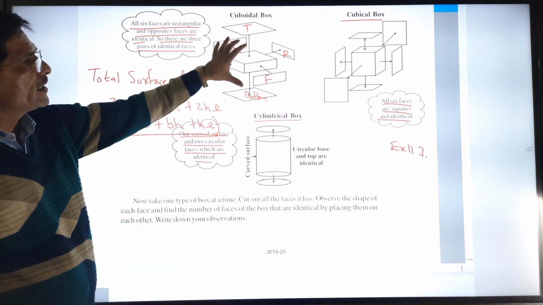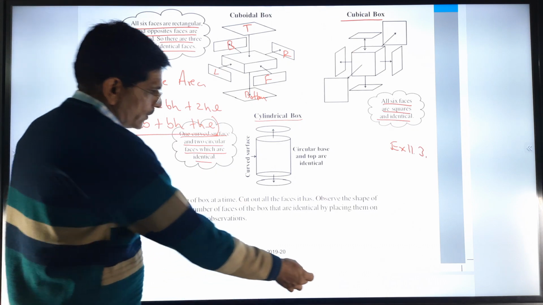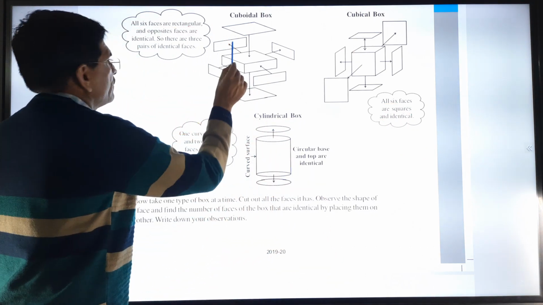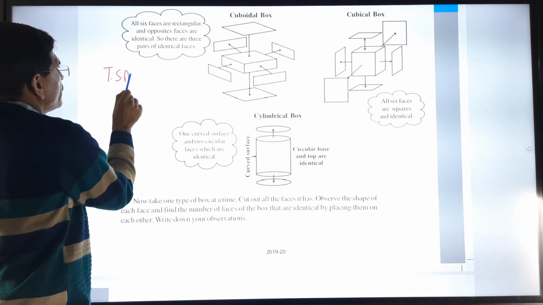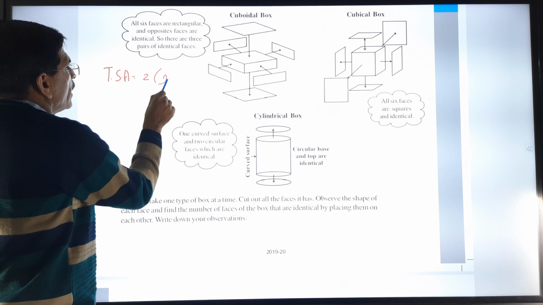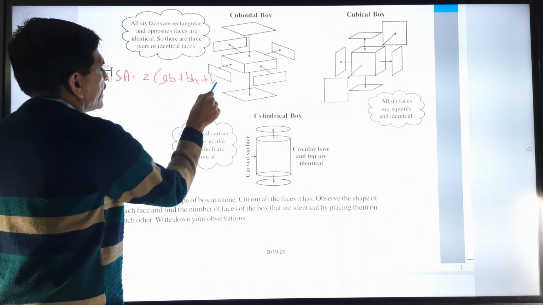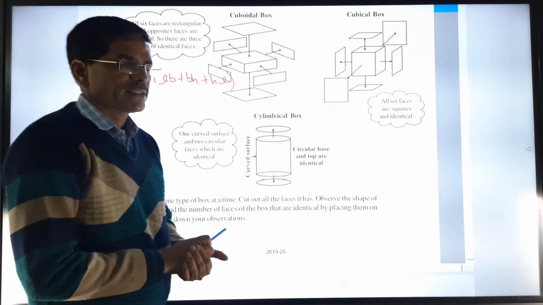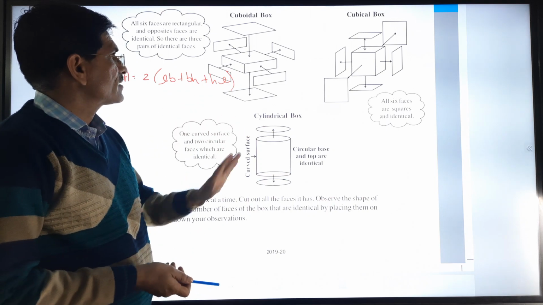By using this, we can identify easily. So for TSA, always remember 2 into (LB plus BH plus HL).